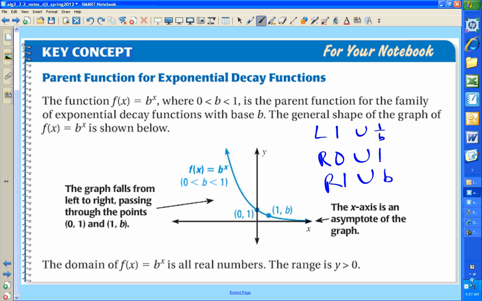So that's why our graph ends up being a landing as opposed to a takeoff. Domain for exponential functions is always all reals. The range will be y greater than your asymptote value or y less than your asymptote value, always. Those are really easy to come up with. Domain is all reals. Range, in this case, is greater than 0.